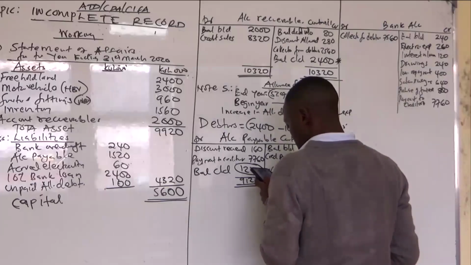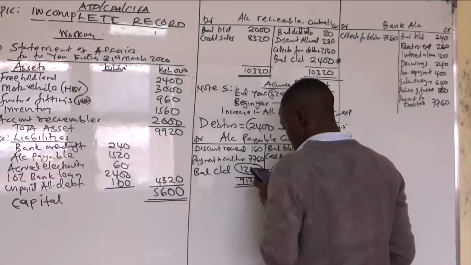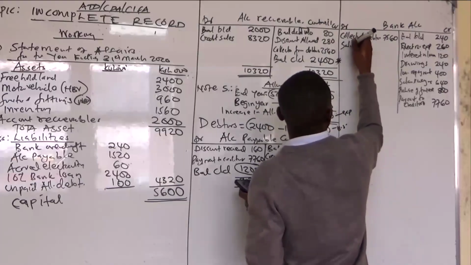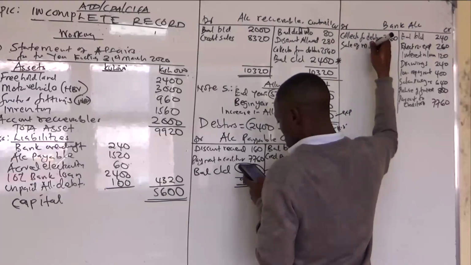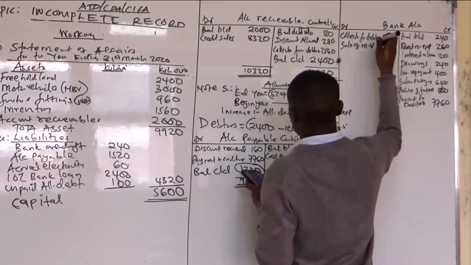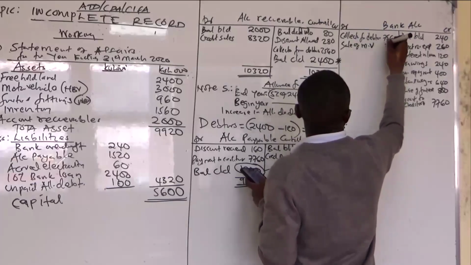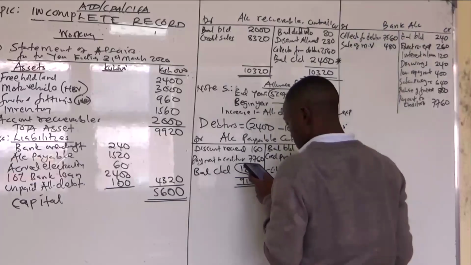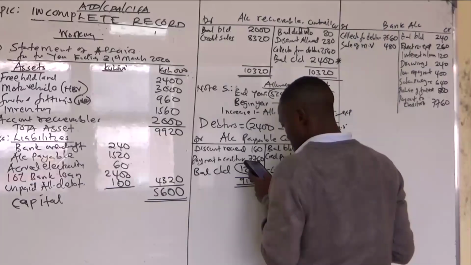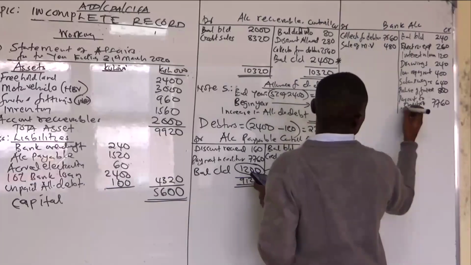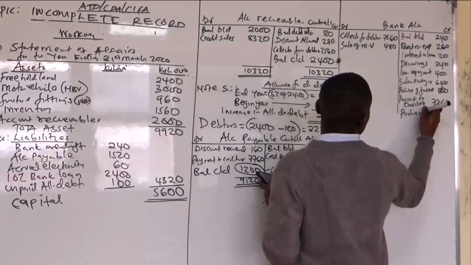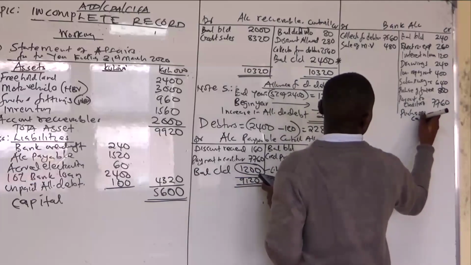Alafu kuna income gani tena? Proceed from the sale of motor vehicle. Hiyo ni 480. Alafu pia kuna nini? Kuna purchases. Ulinunua in cash.